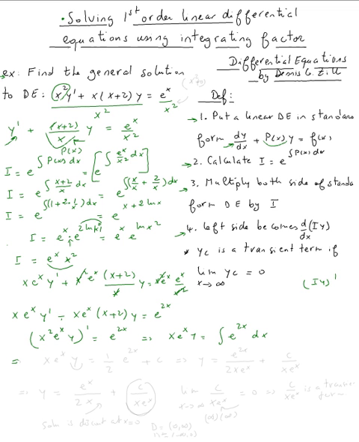Now x squared e to the x y, the integral of e to the 2x is an easy integral, 1 over 2 e to the 2x, plus some constant. Now I'm looking for y, so I have to divide everything by x squared e to the x. So y is equal to e to the 2x over 2 x squared e to the x plus c divided by x squared e to the x.